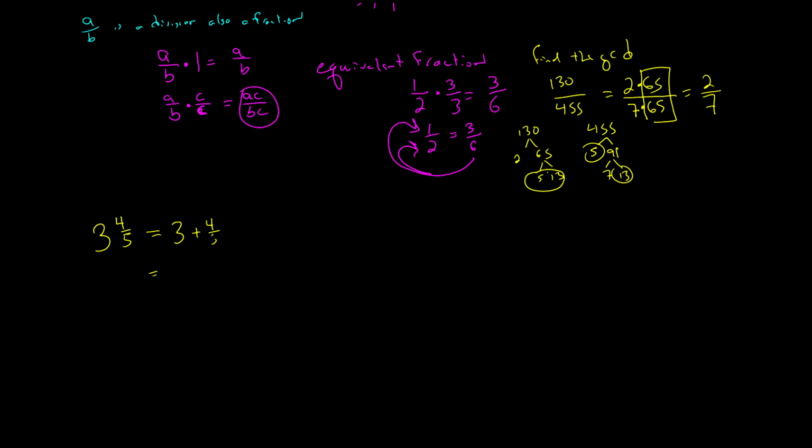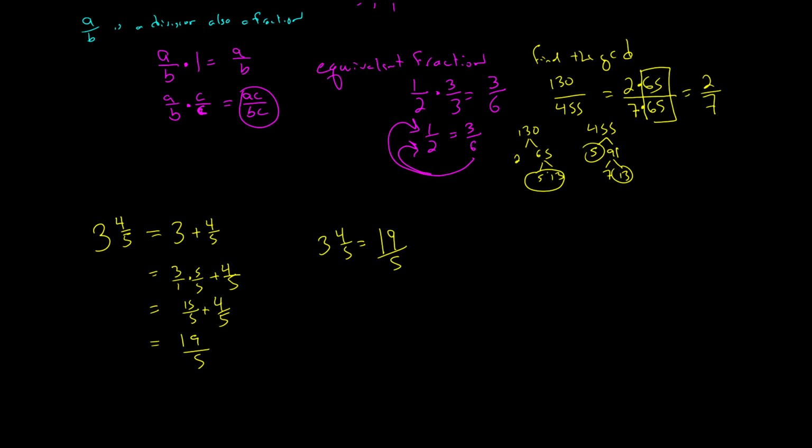Well, I want to get 3 to have the same denominator as this number. So I need it to have 5. So I'll take 3 over 1 times 5 over 5 plus 4/5. And I'll get 15/5 plus 4/5. Now because they're broken into the same number of parts, I can add up my parts and say 19/5. And so 3 and 4/5 is equal to 19/5.